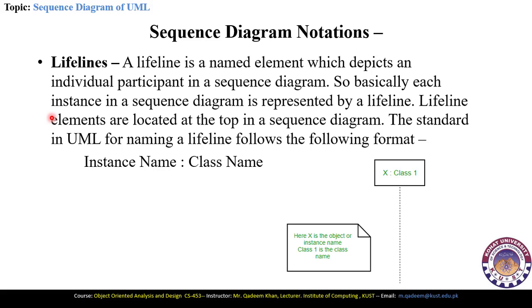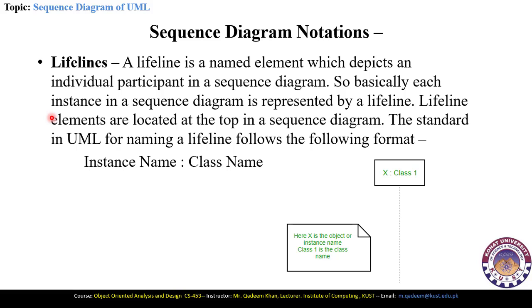Another important notation in the sequence diagram is called the lifeline. A lifeline, as its name indicates, depicts the individual participants in a sequence diagram. Each instance in a sequence diagram has a lifeline.